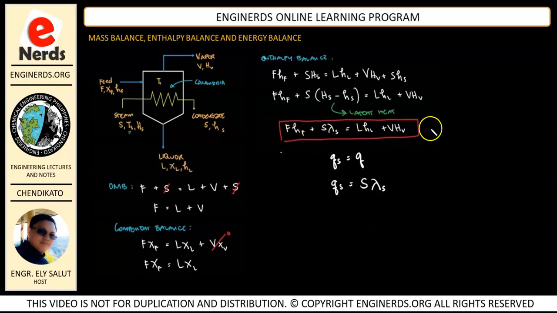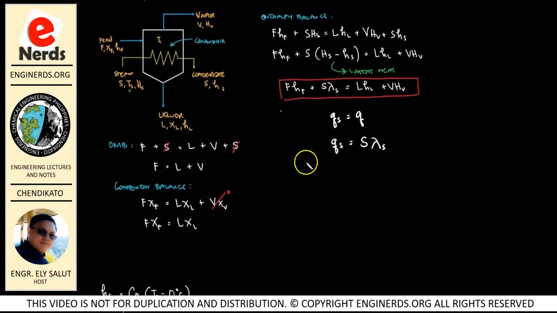Alright, and now we are going to use this equation. Hiwalay natin itong or i-isolate natin itong ating S lambda S, no? So we have S lambda S will be equal to LHL plus VHB minus FHF. Okay? So that means our QS is equal to Q, and our QS is also equal to S lambda S, and our S lambda S is equal to LHL plus VHB minus FHF.